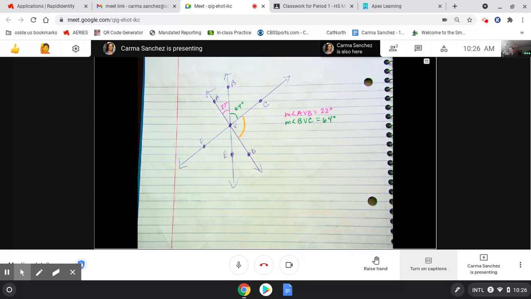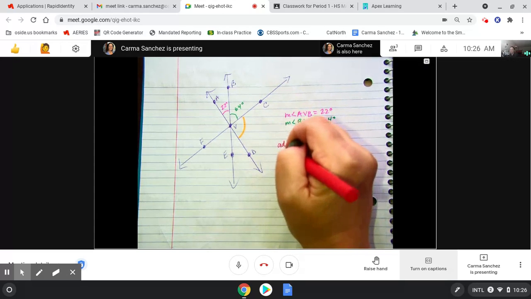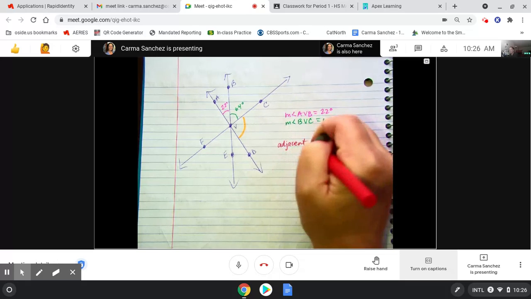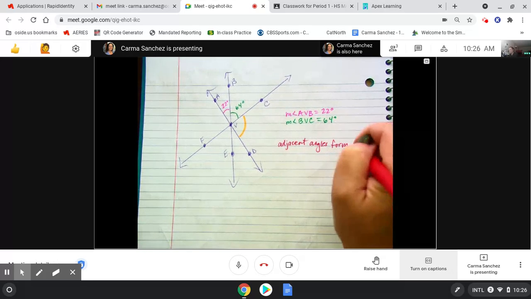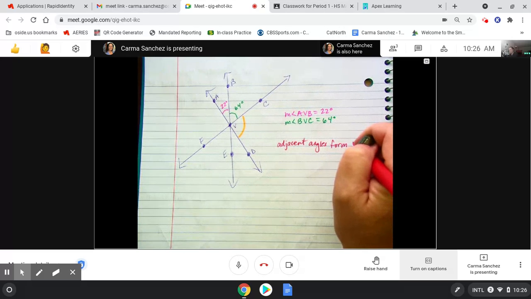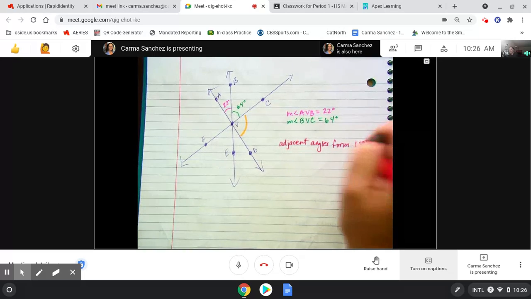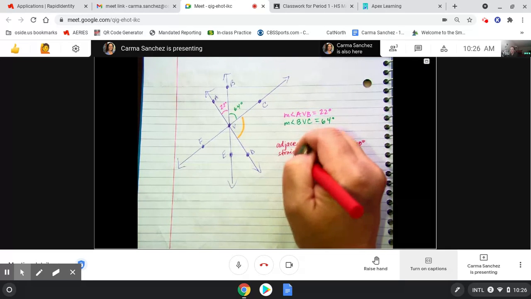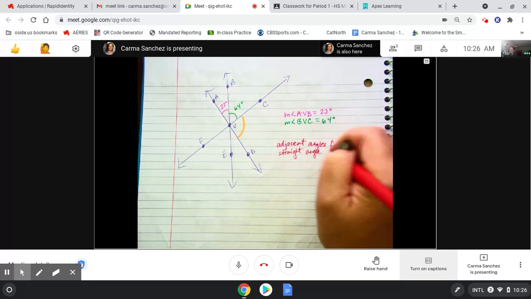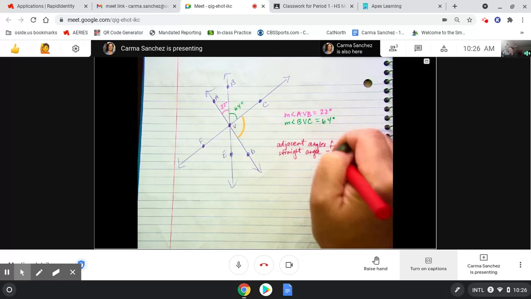So here I go. Adjacent angles form 180 degrees, or straight angle equals 180.